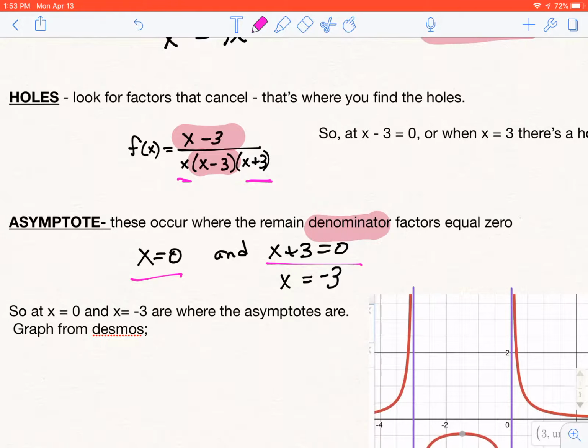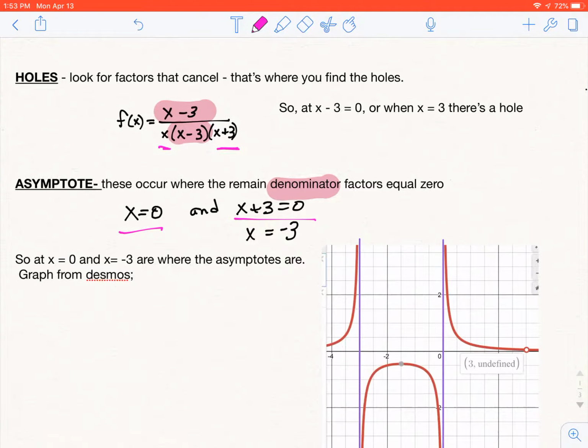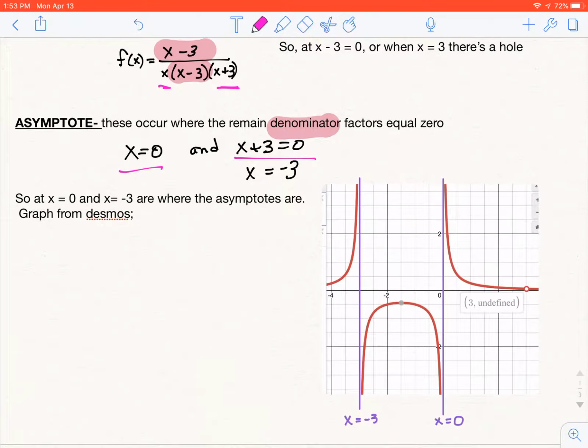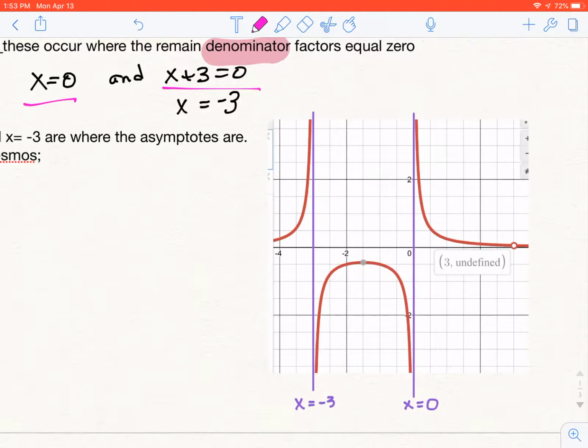So I did a graph on Desmos, and I was able to capture, and let me just tell you, this took like 14 tries, the hole at 3. Notice in Desmos it's got a little hole there, and it says 3 undefined. So I was able to snag that image.